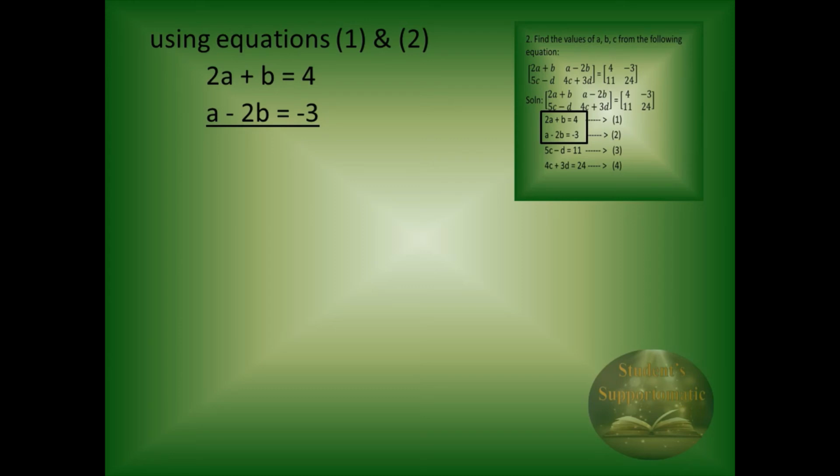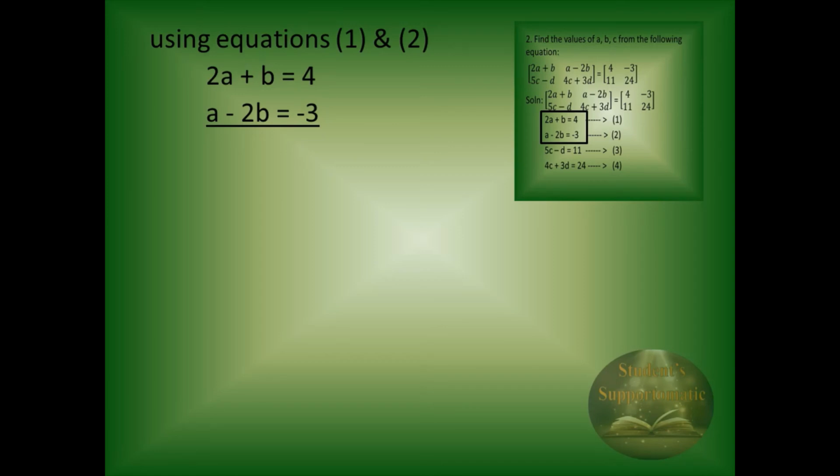To solve these equations, we have to make the coefficient of one variable the same. Any one variable's coefficient must be the same. In the first equation, 2a plus b is equal to 4. In the second equation, a minus 2b is equal to minus 3. We have two options.